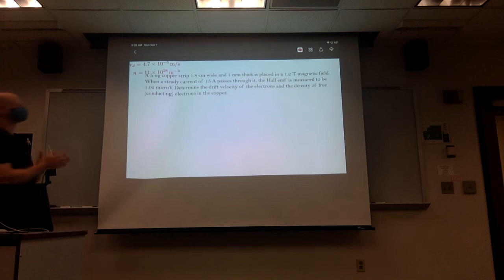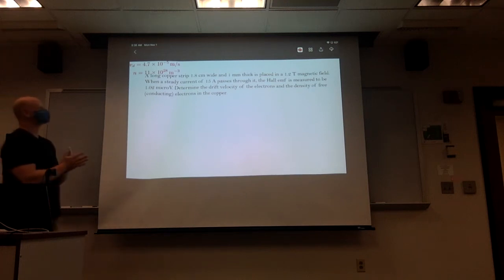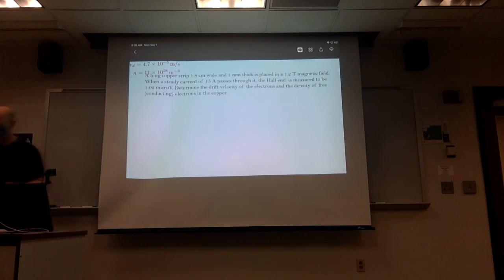When a steady current of 15 amps passes through it, the Hall EMF is measured to be 1.02 microvolts. From this, we want to determine the drift velocity of the electrons and the density of the free conducting electrons in the copper.